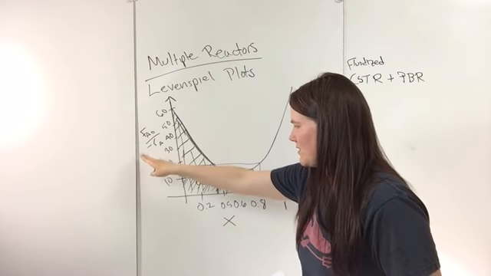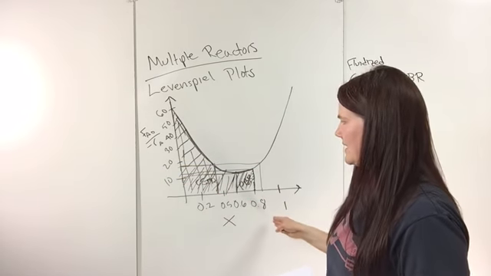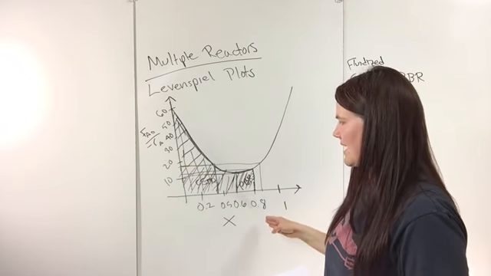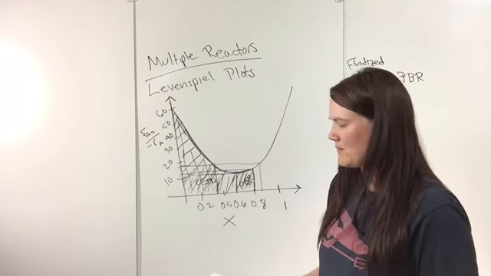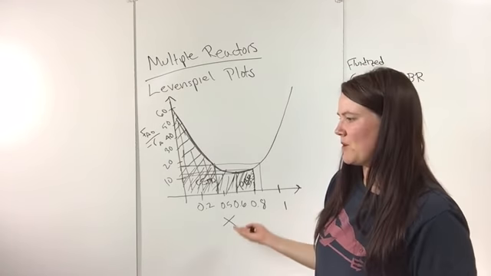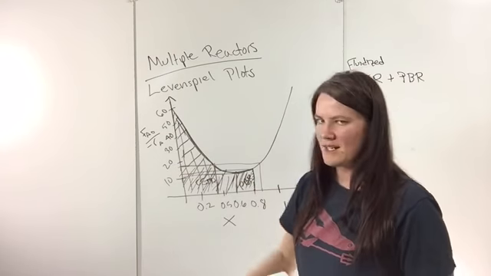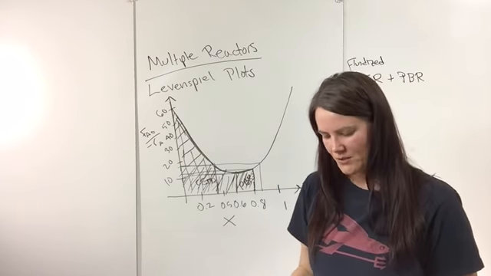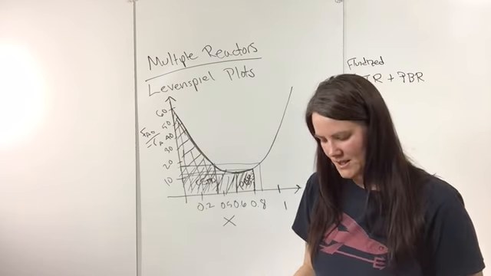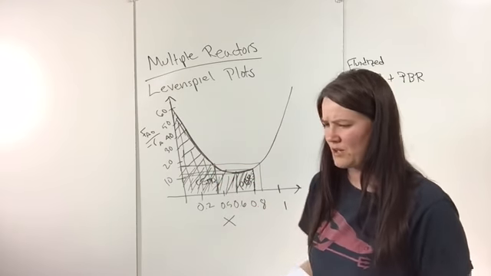If you multiply this by this, at least for a CSTR, that would be the volume. But if this was something slightly different, like say they're plotting 1 over minus rA instead of FA naught over minus rA, then you would need to remember to multiply it by FA naught to actually get the volume. So just pay attention to what's being plotted. But other than that, it should be pretty straightforward.